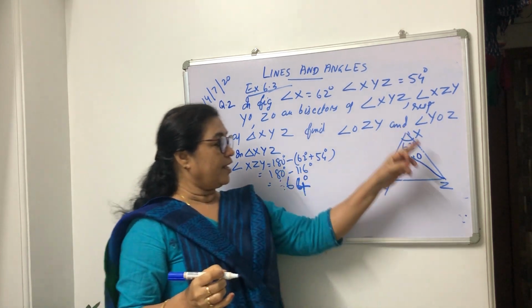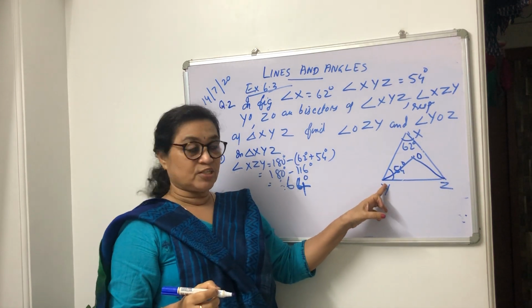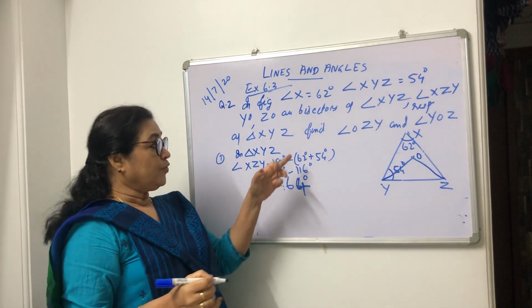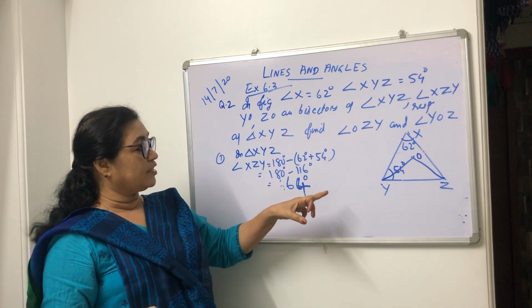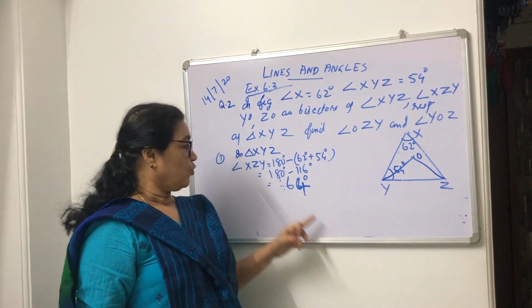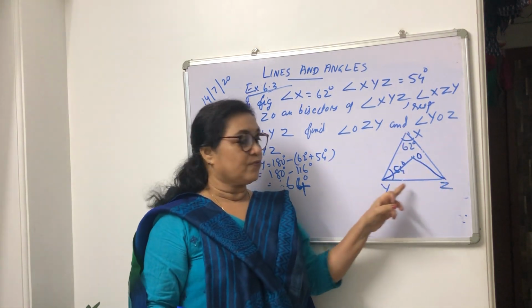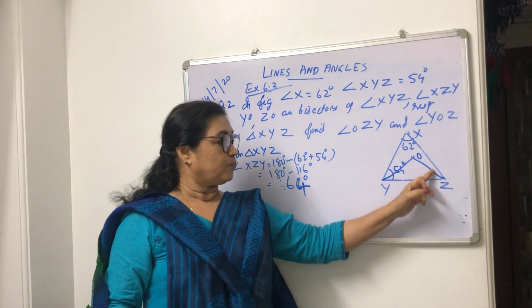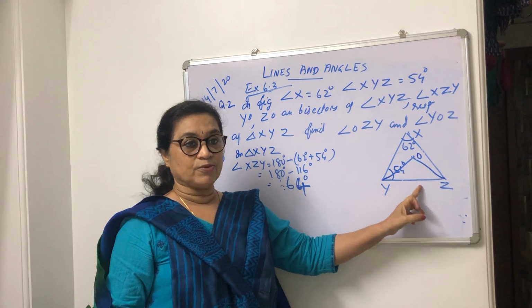So angle XZY is 64. You need to find this angle OZY. So you got the angle XZY as 64. This full angle is 64.